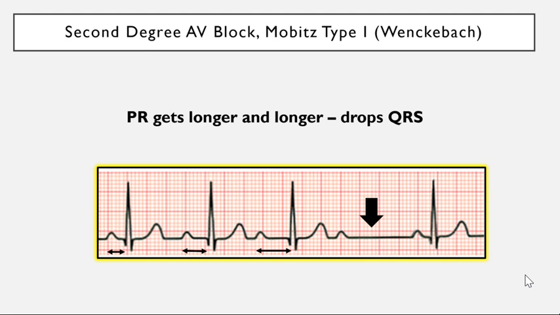And then it's getting longer here, even longer here, and then it gets so long that you'll have a dropout of the QRS complex, and then you'll start off normal again, and then you'll repeat. So this is Mobitz type 1, which is a second degree AV block, and that's how you identify them.